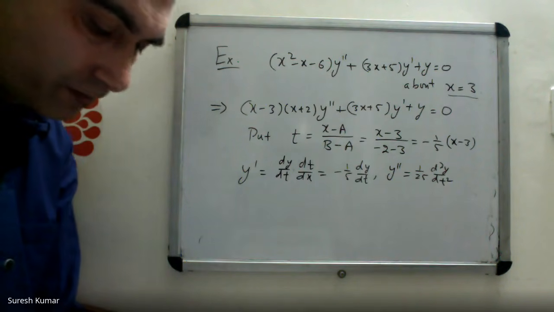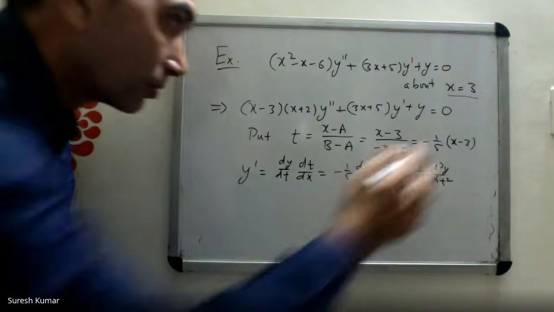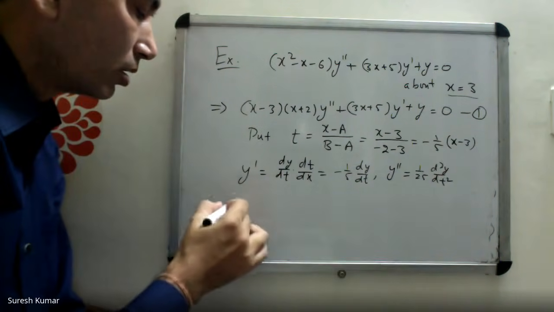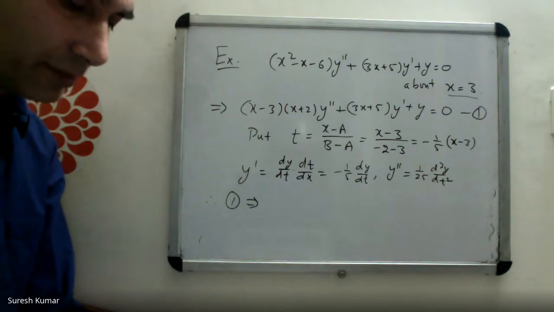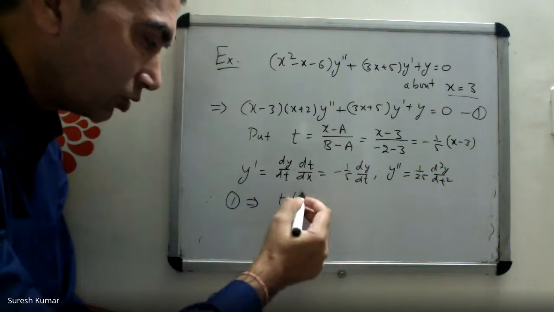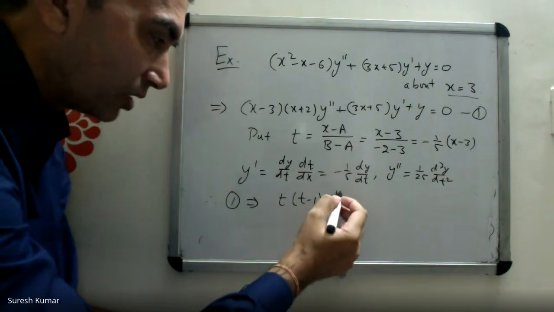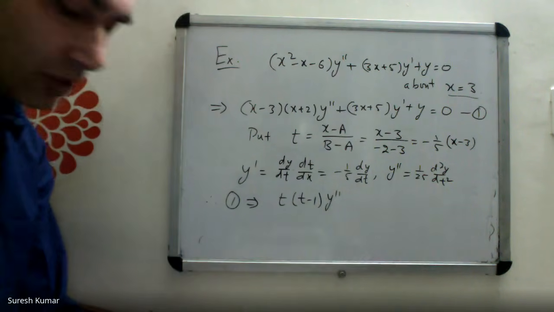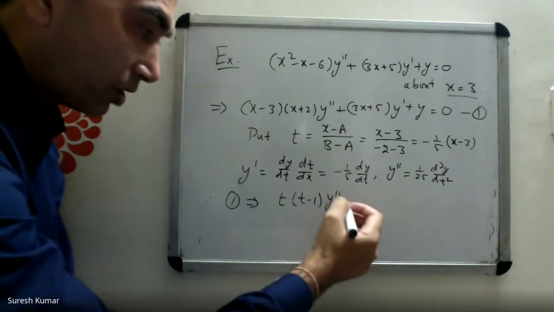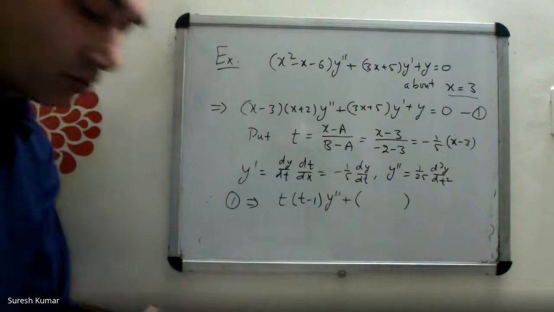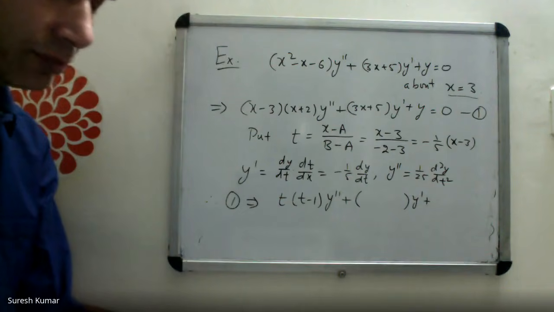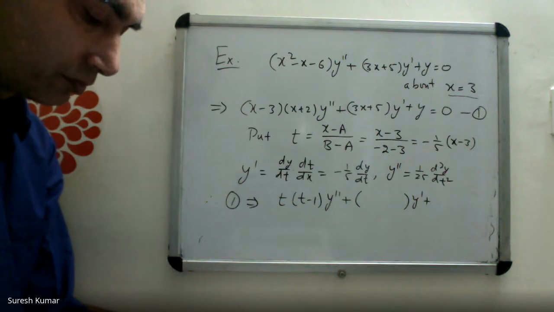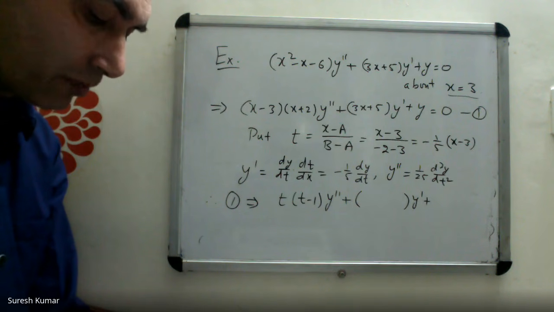Means change this equation in terms of y and t. See what you get. In terms of y and t, what do you get? t(t minus 1) y double prime, where y double prime means d2y over dt square, that is understood, plus, can you tell me the coefficient of y prime?